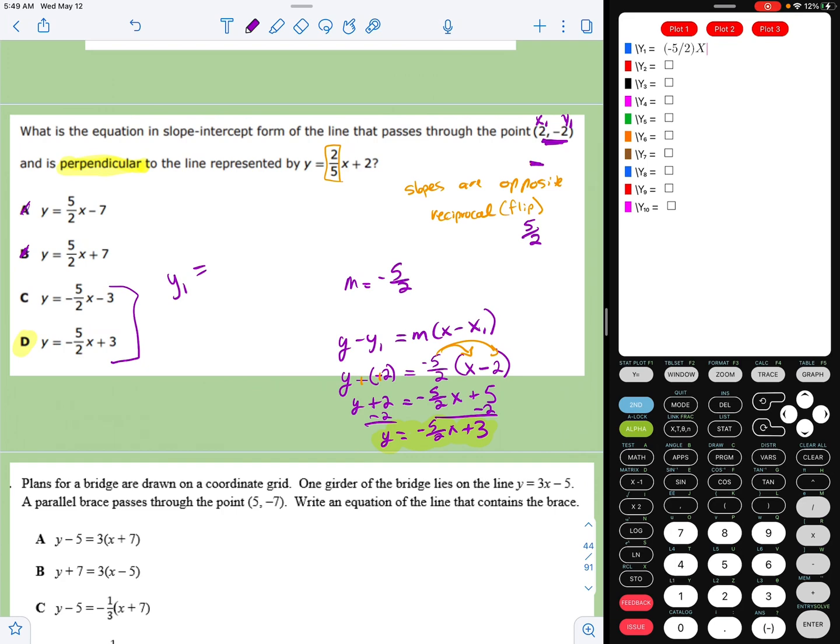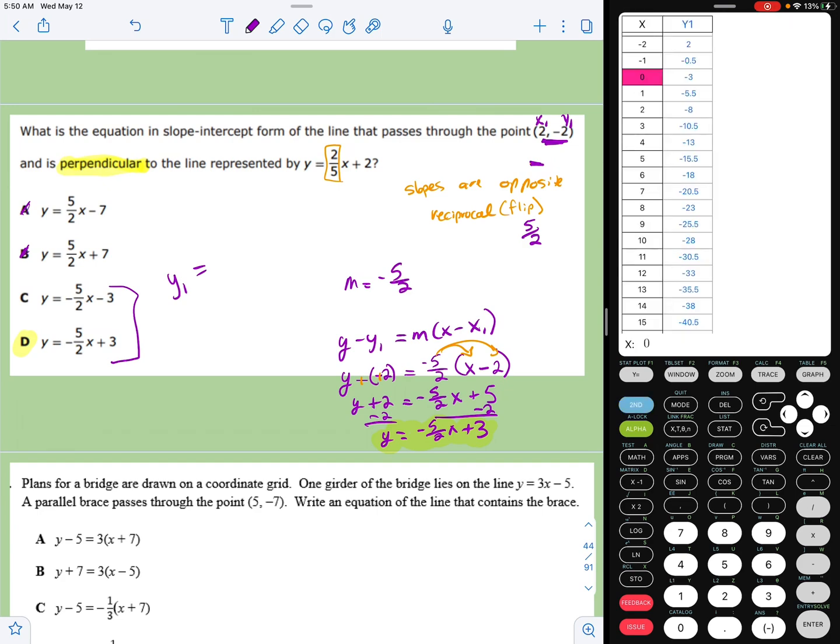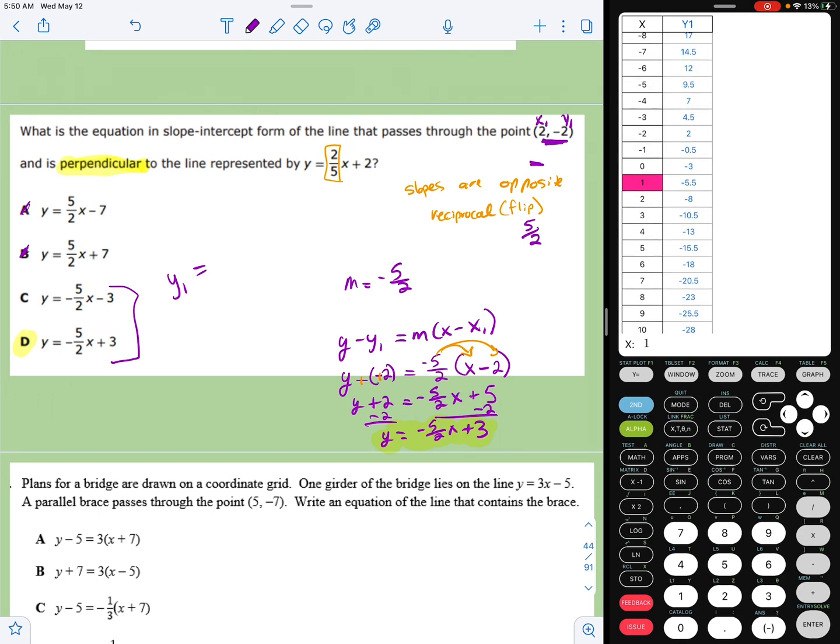All right, and then minus 3. If we go here to graph, or even to table, table may be best. So second table. All right, and we're going to look where x is 2, which is right here. And notice that y is not negative 2, it's negative 8. So we know this can't be the answer, right?